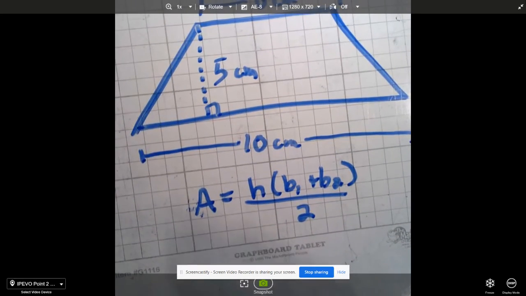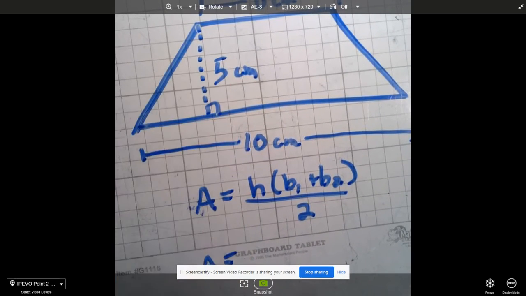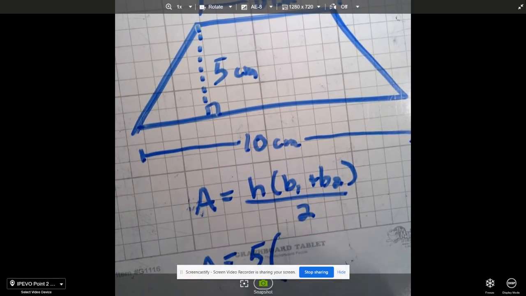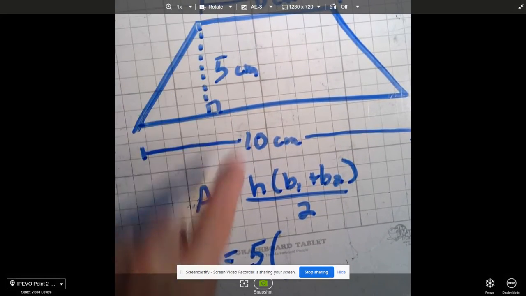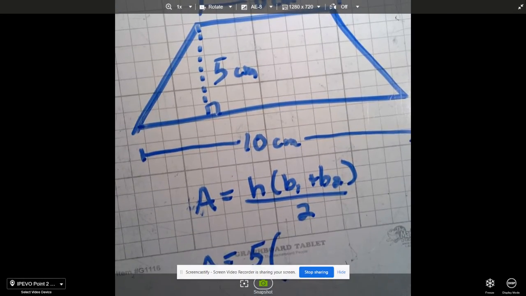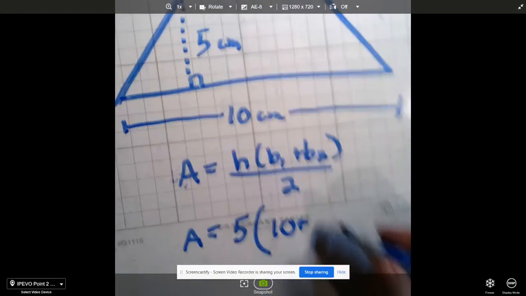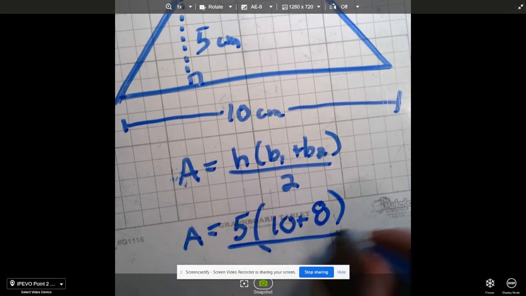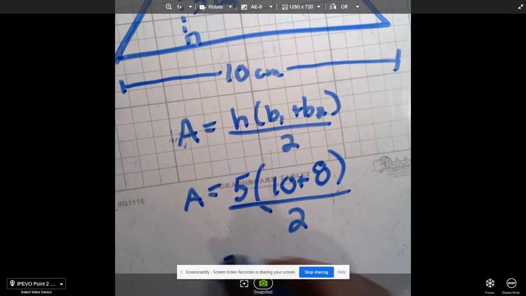Let's plug in what we know. I don't know the area, so that'll stay my variable. My height is 5. Base 1 and base 2. Again, it doesn't matter which one I call 1 and 2 because I'm going to be adding them together anyways. So I'll call this one 1 and I'll call this one 2. I'm going to divide that by 2. And so I have all the numbers. All I have to do is simplify this.